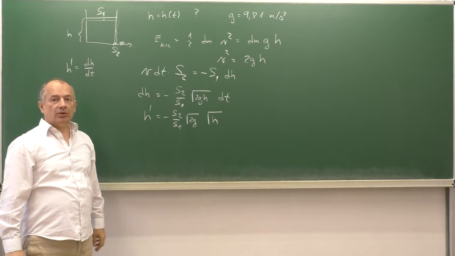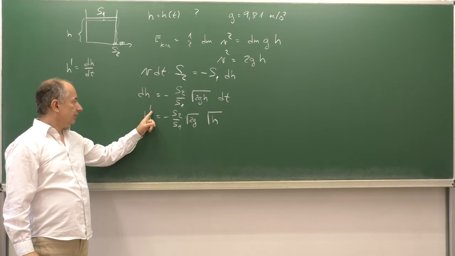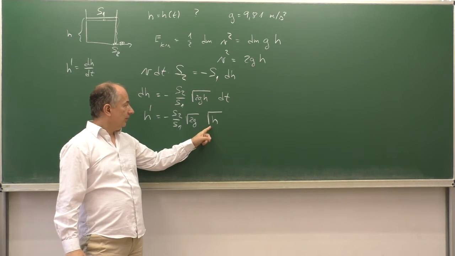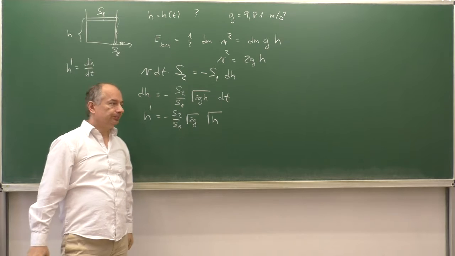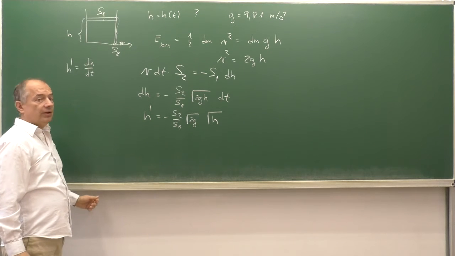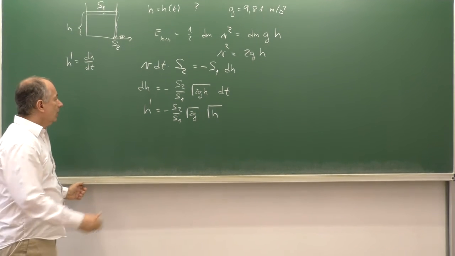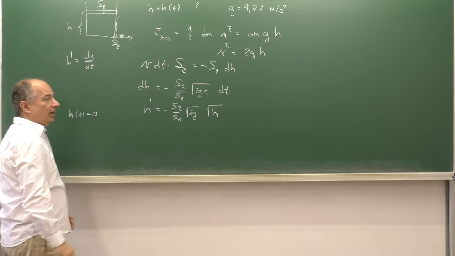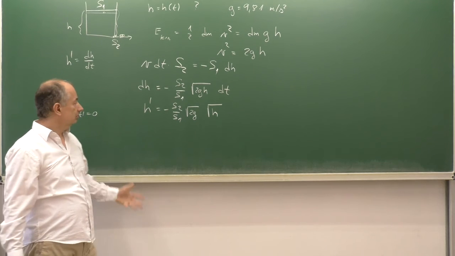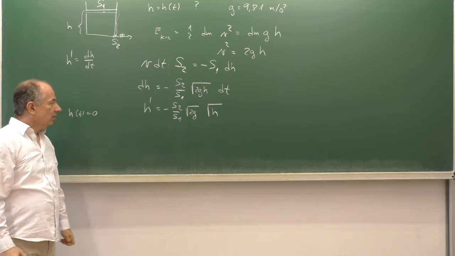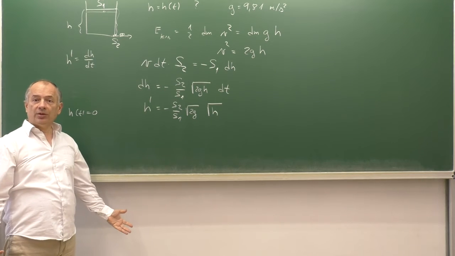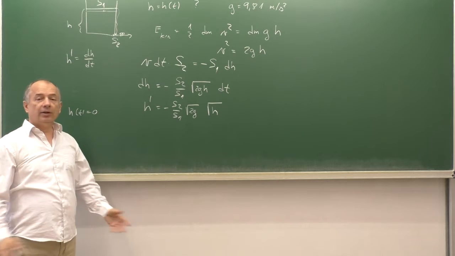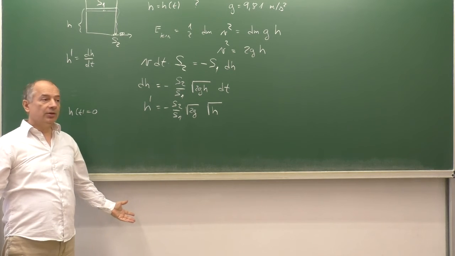It is a differential equation of the first order, because we have just the first derivative, and it is nonlinear, because we have a complicated function of h. We can solve this by separation. We see that h equal to 0 is a solution. What does it mean? Empty reservoir, no water at all, nothing changes, nothing flows out, nothing decreases.